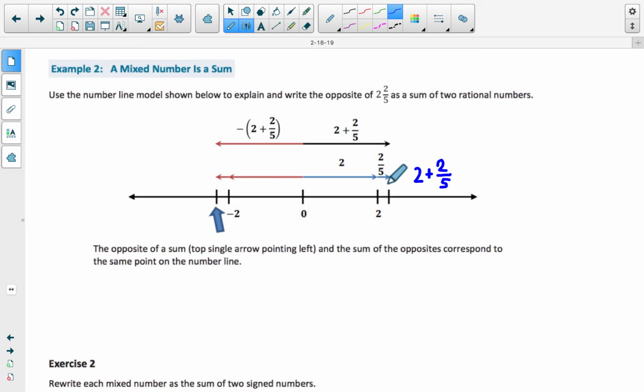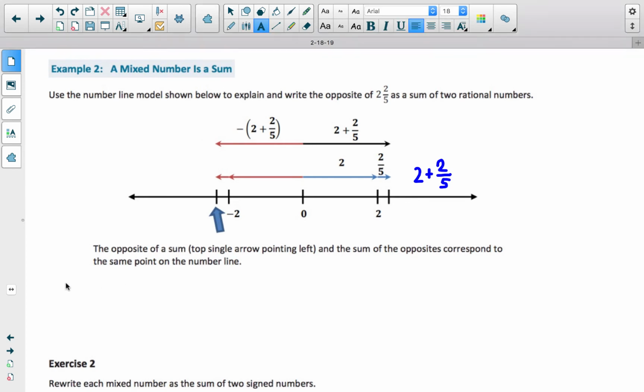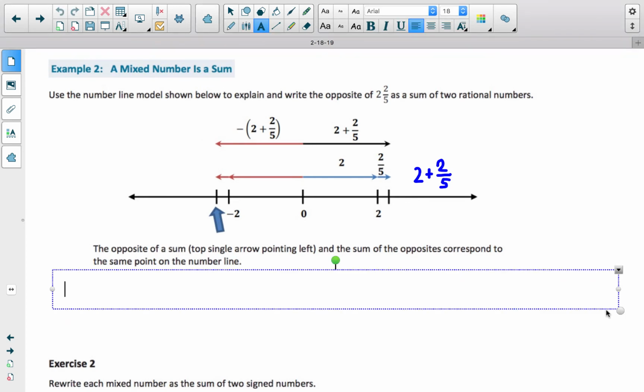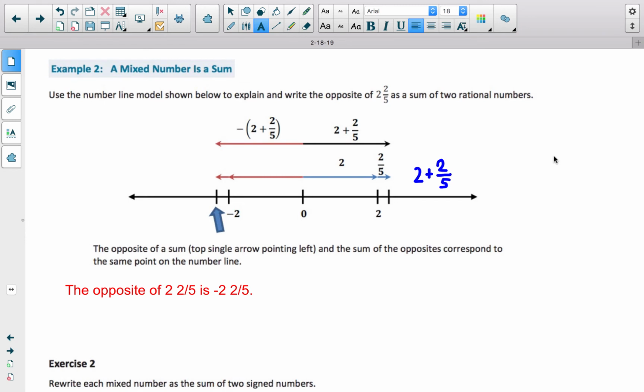Now, the opposite of 2 2/5 is negative 2 2/5, and I'm just going to make that note down here. The opposite of 2 2/5 is negative 2 2/5. Okay? They're opposites because they're equidistant from 0. You can see down here, you go 2 to the left, and then that extra 2/5 still in the left direction. They're opposites, they're equidistant from 0.